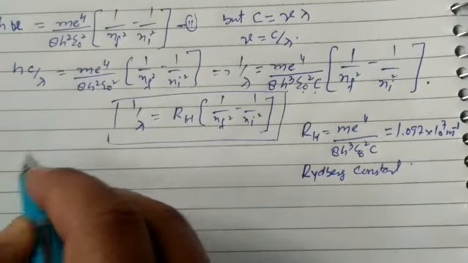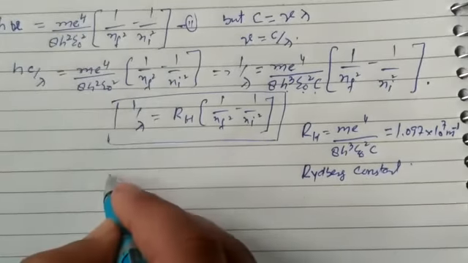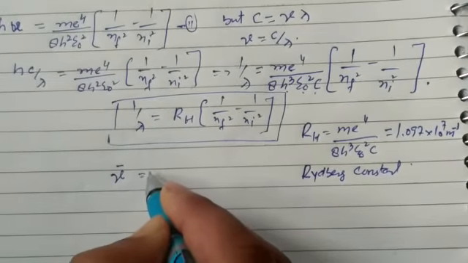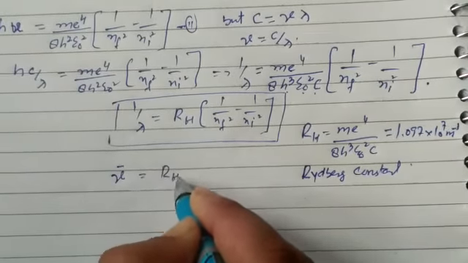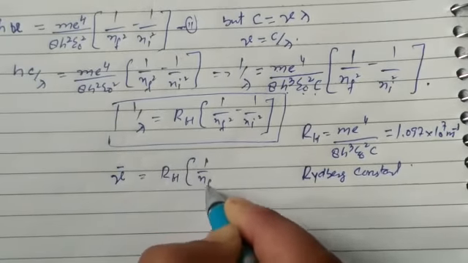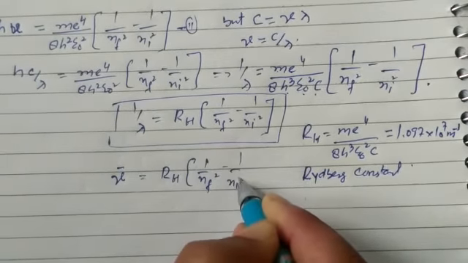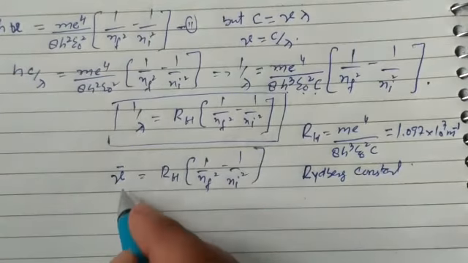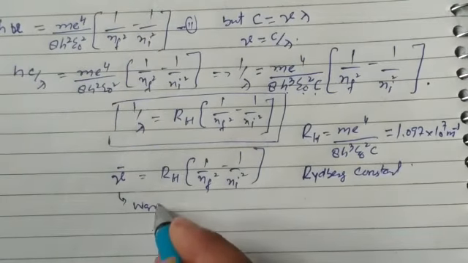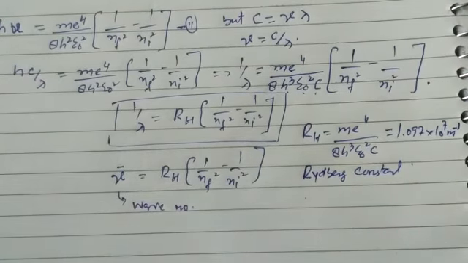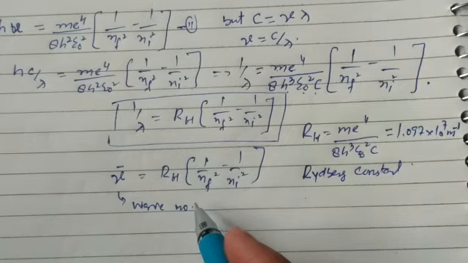Or you can simply write 1 over lambda as nu bar, equal to Rh times 1 over nf square minus 1 over ni square, where nu bar is called the wave number, that is, the number of waves per unit distance.